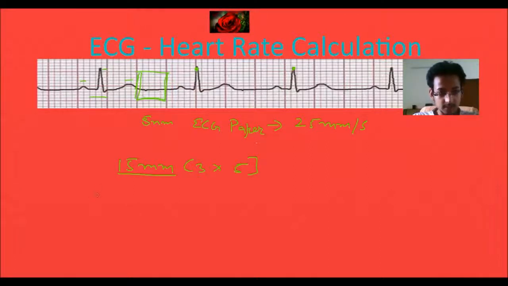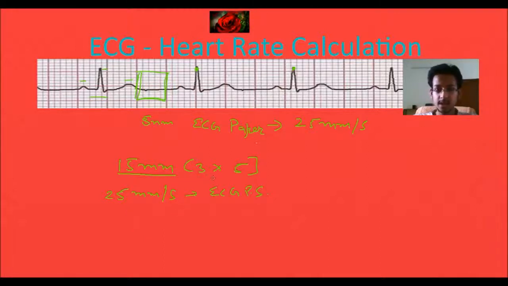Now I am going to apply only simple elementary math. We know that 25 mm per second is the ECG paper's speed. So what is one beat?